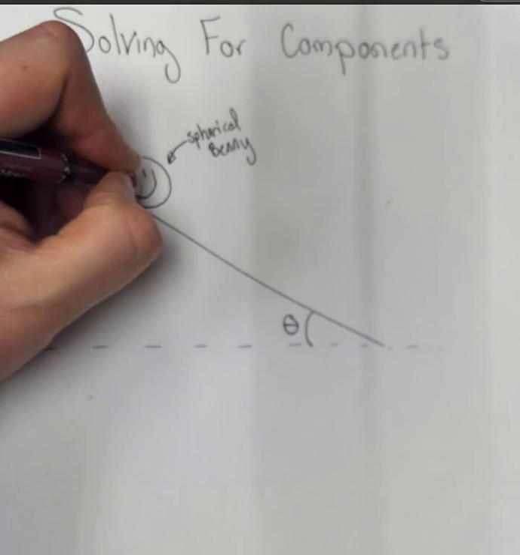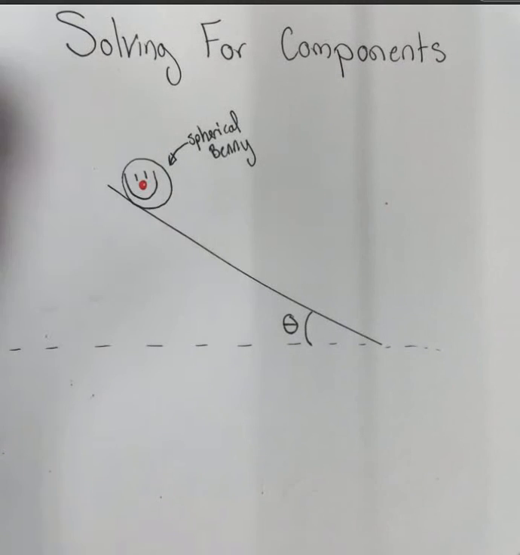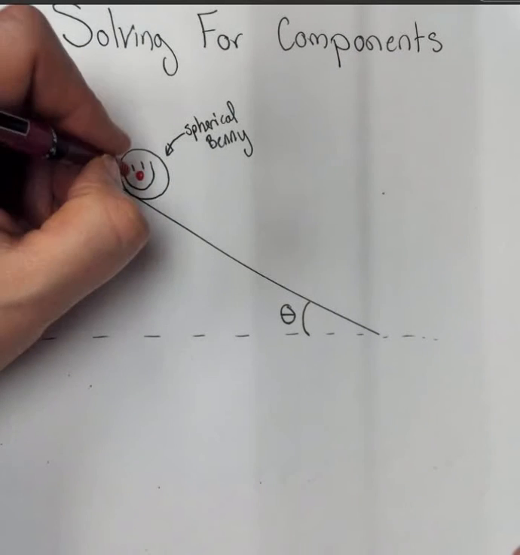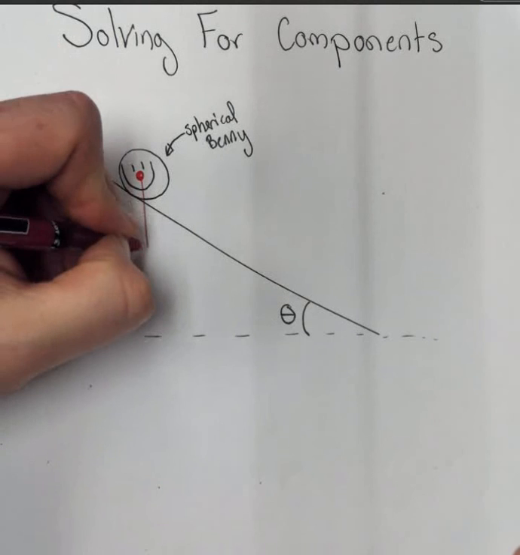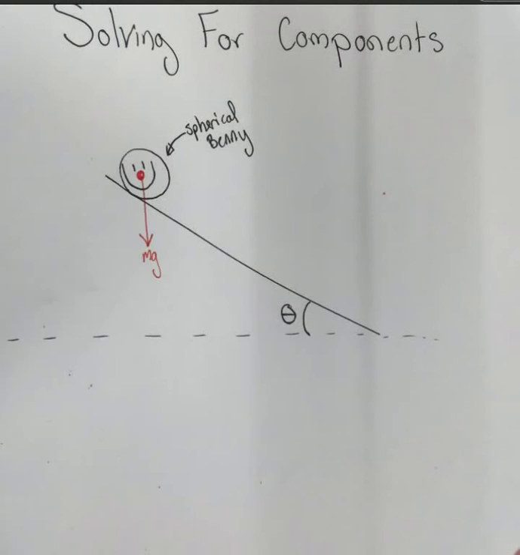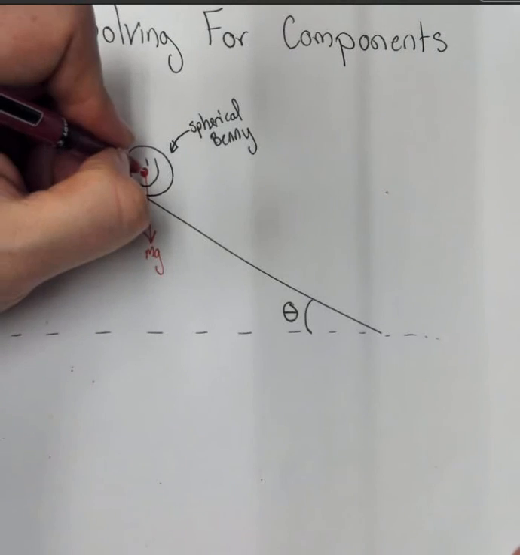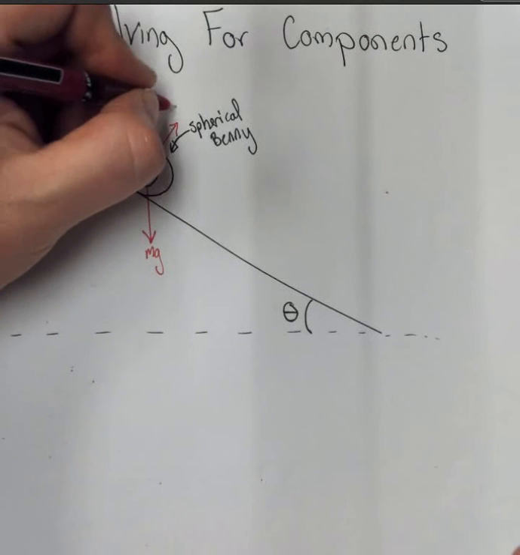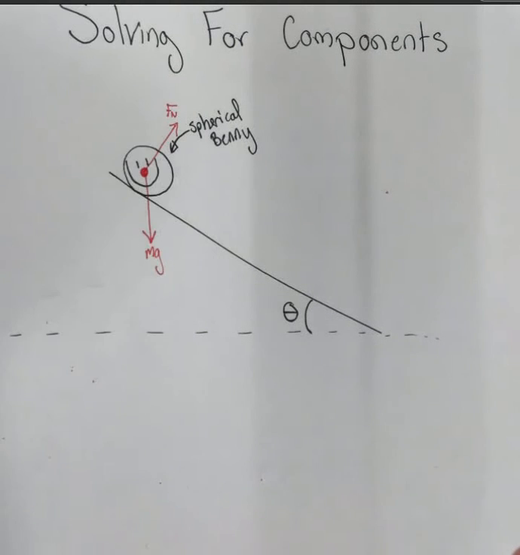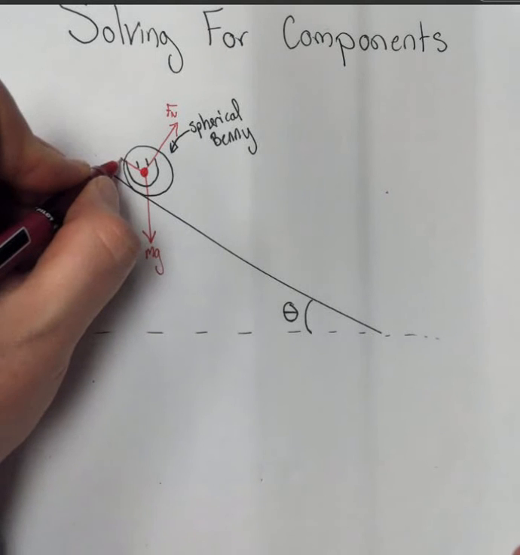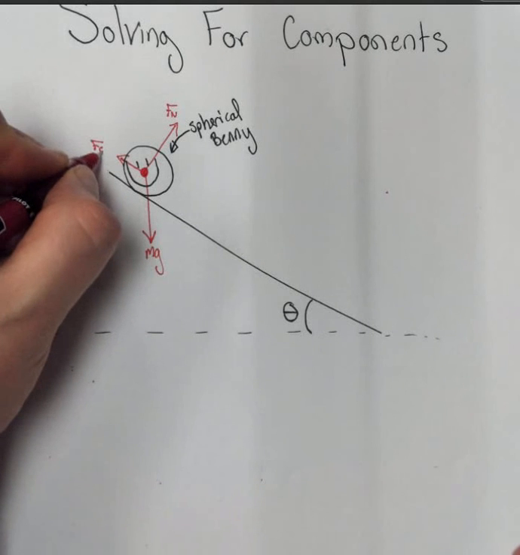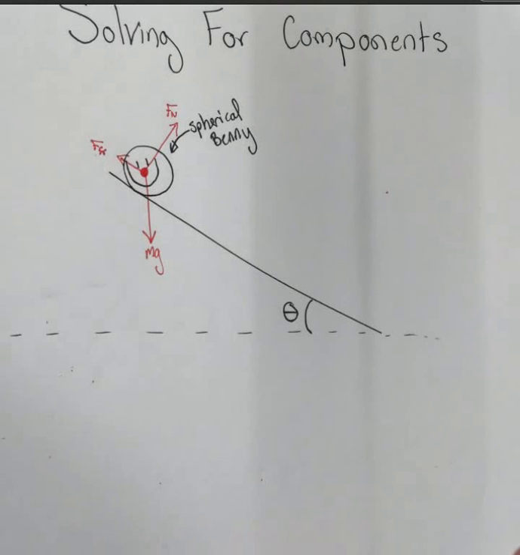In that case, our free Benny diagram is going to be gravity, normal force, and friction. And this should look very similar to everything that we've done so far.